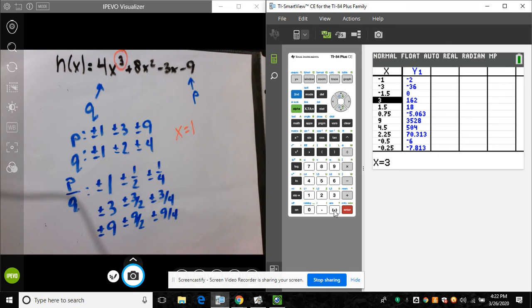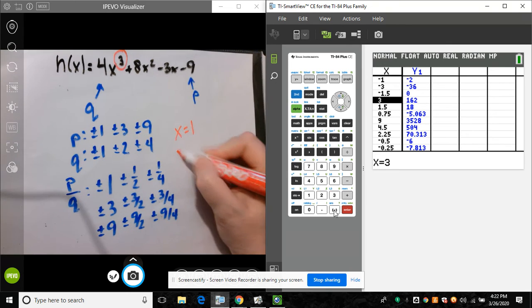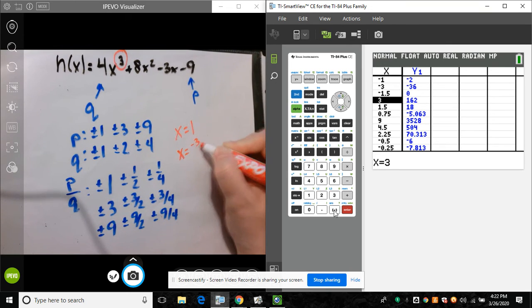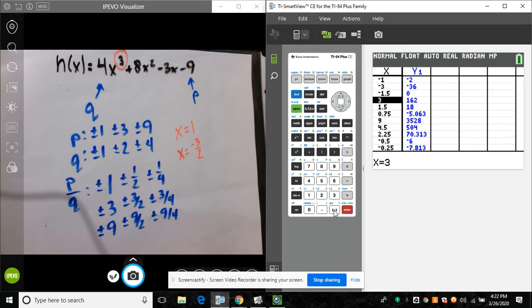Oh, there's another one. And I would write it as a fraction because we're going to have to do something with that because you cannot leave a fraction in those factored forms. So negative 3/2, negative 3/4, negative 0.5, negative 9, negative 9/2, negative 9/4.